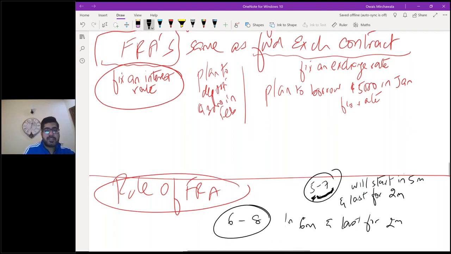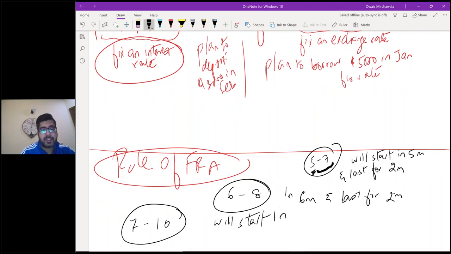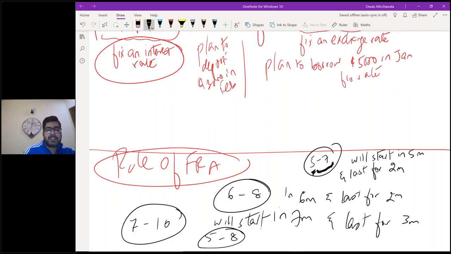Similarly, if someone says that FRA is 7-10, so 7-10 means will start in 7 months and last for 3 months, okay? If someone states FRA is 5-8, means start in 5 months and last for 3 months, okay?